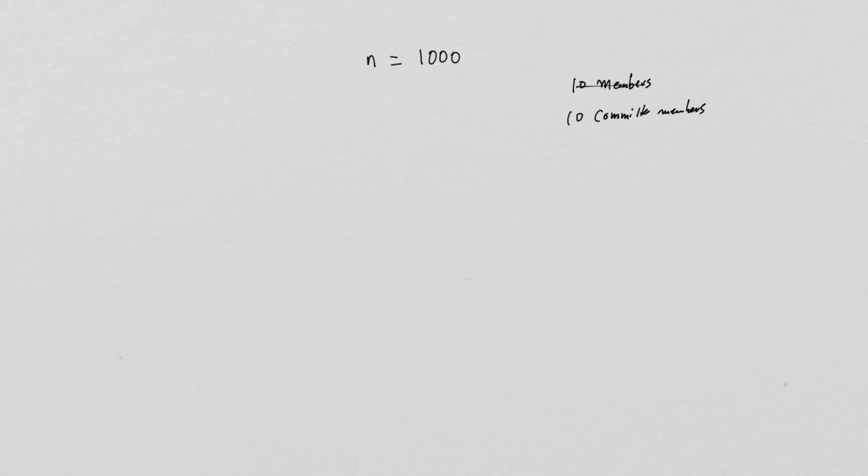Pick the first one, put him or her back into the pool, select the next one, put that person back in the pool, and keep doing it until you hit 10. But let's say this school has 750 females and 250 males.